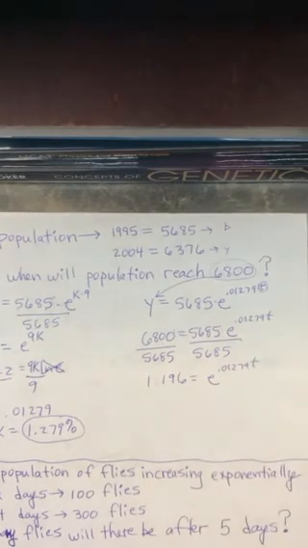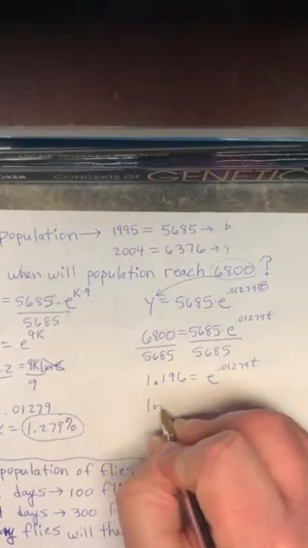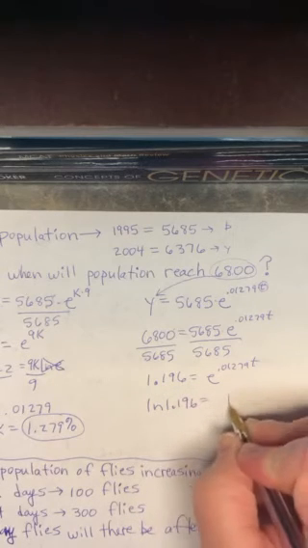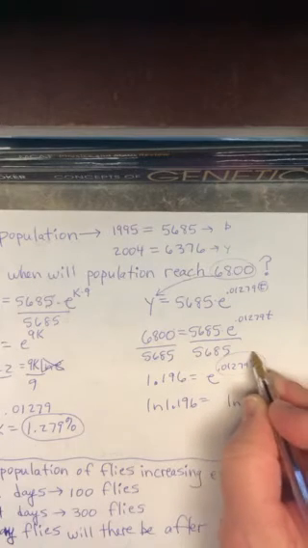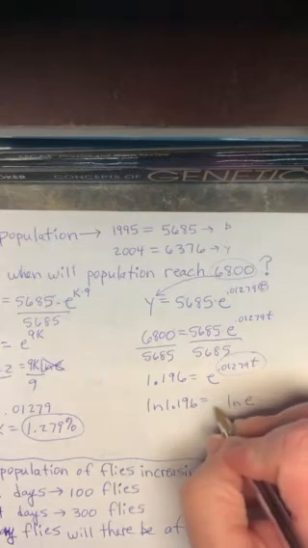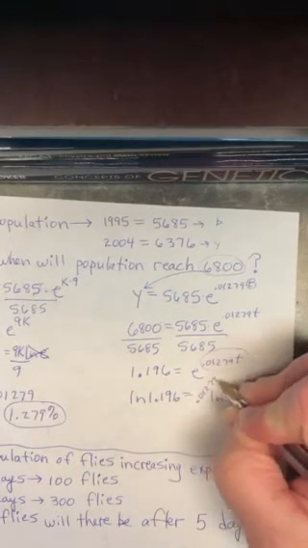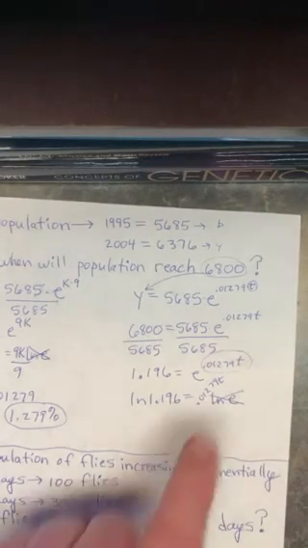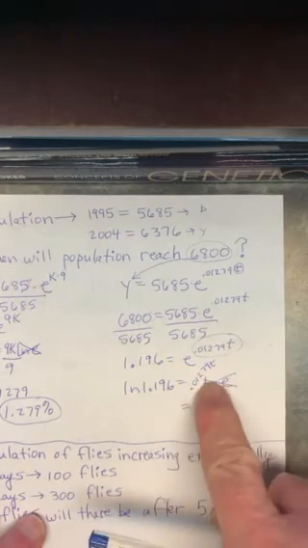I'm going to ln both sides, right? ln of 1.196 equals ln of e to the, and then that power is going to go out in front of my ln of e. So I'm going to squeeze in 0.01279t. The ln e is irrelevant, and to get t by itself, I'm going to, of course, divide by that decimal.